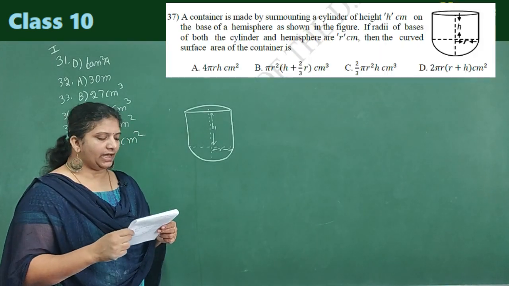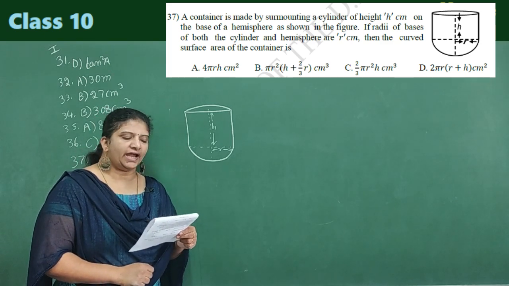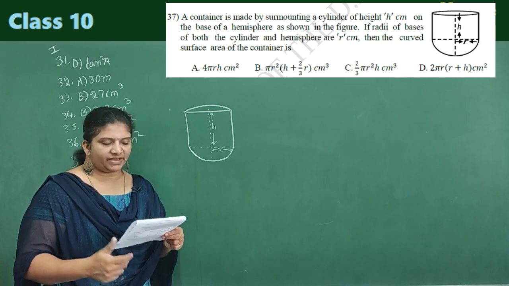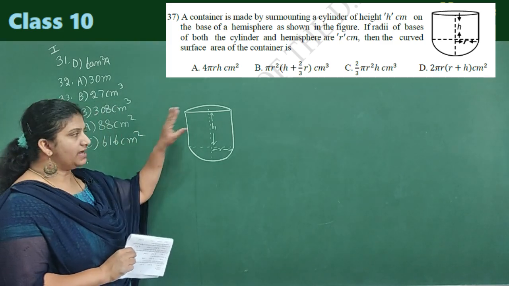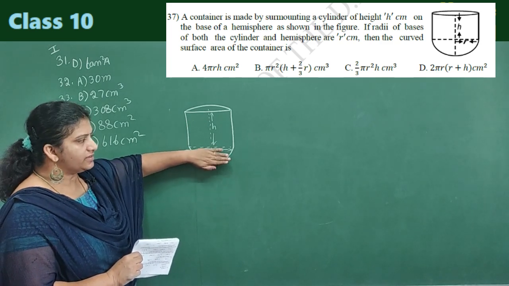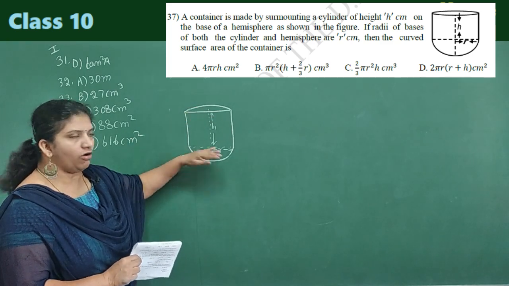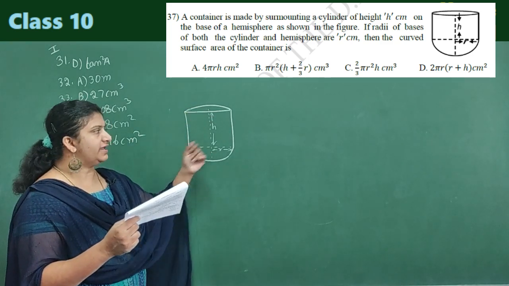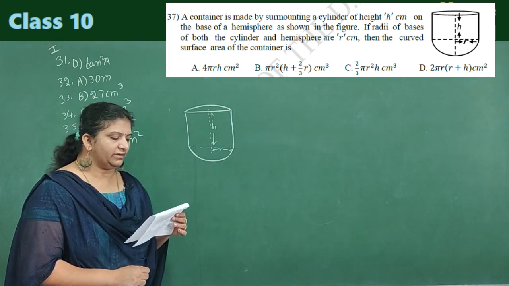37th one. A container is made by surmounting a cylinder of height h centimeter on the base of a hemisphere as shown in the figure. Observe the figure. A cylinder is surmounted on a hemisphere. You can see here, this is hemisphere and this is cylinder. Cylinder height h and radius r centimeters.